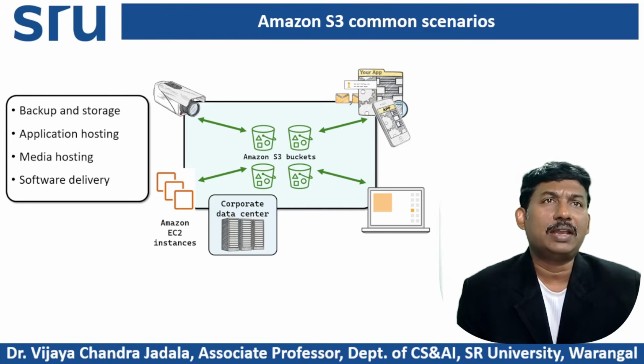Then 11 nines of durability, that is 99.999999999%, almost 100% durability, means we can rely on S3 buckets, which ensure that your backup data is highly protected against loss and highly available. Even the recovery will be very fast, so it will be majorly used. These S3 buckets are majorly used by the business community.